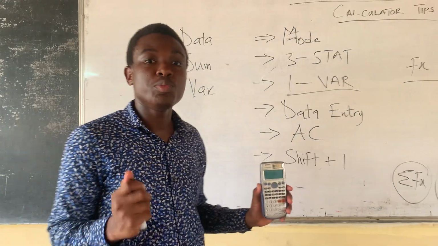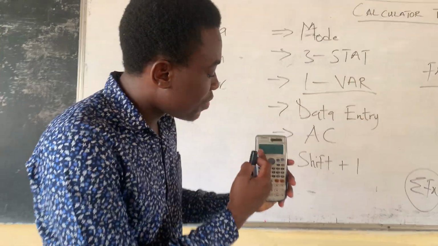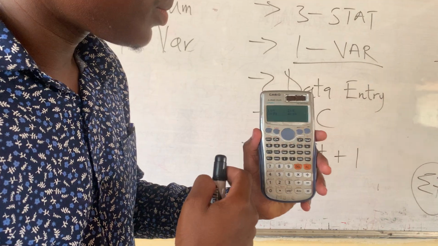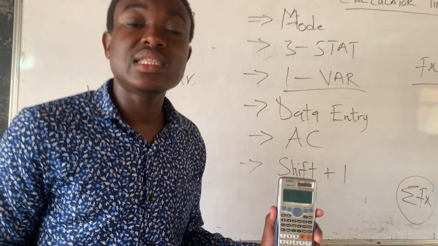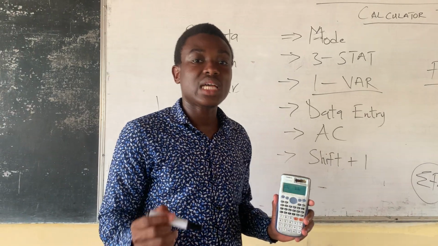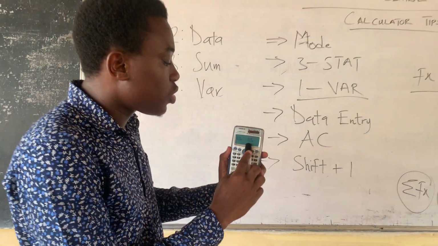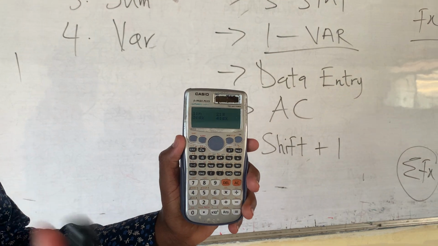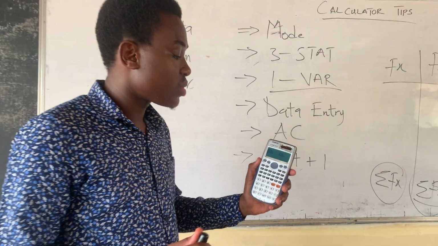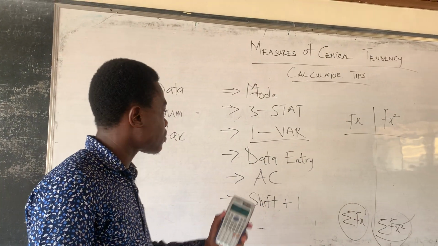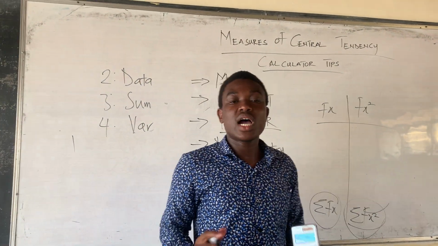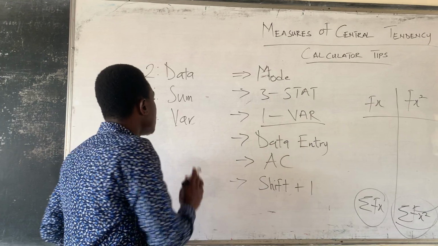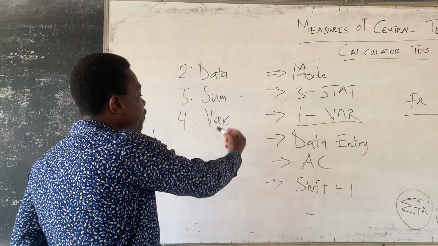Then we have the third option, population standard deviation. And the fourth option is our sample standard deviation. For the purpose of our discussion today, we are going to end here. So we are looking at just the first four options.